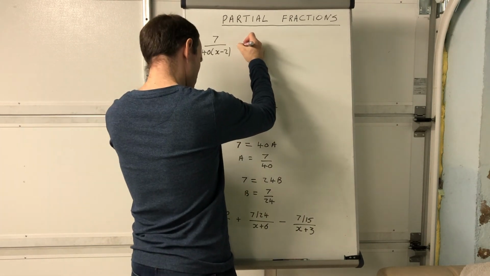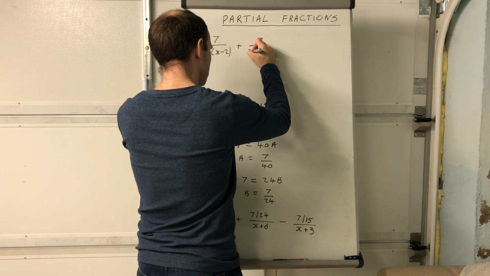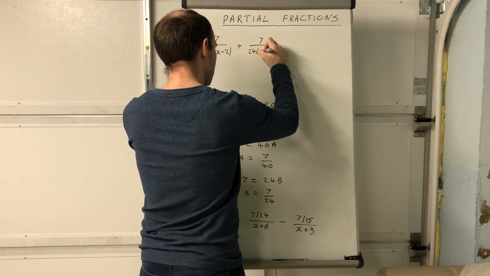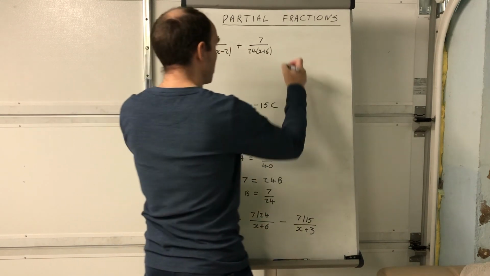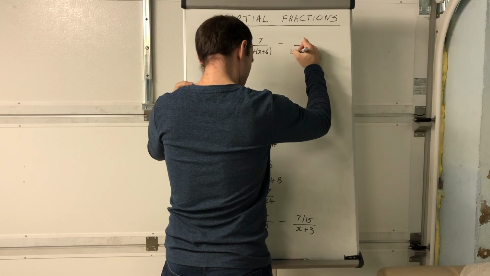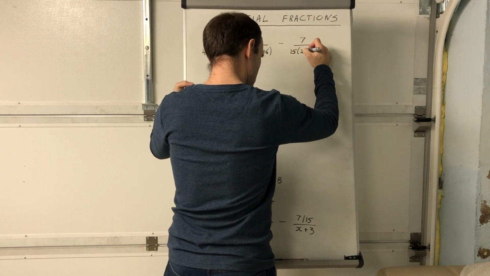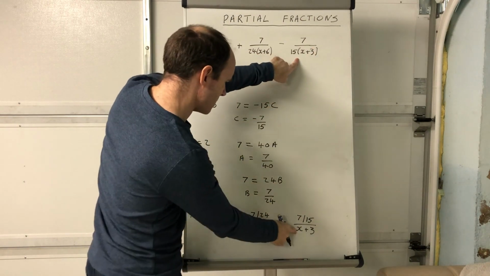And then the middle term, you'd have 7 over 24 x plus 6. Again, hopefully you can see that that term is the same as that term. And then the last one, you'd have 7 over 15 x plus 3. And again, hopefully you can see that that term is the same as that term.